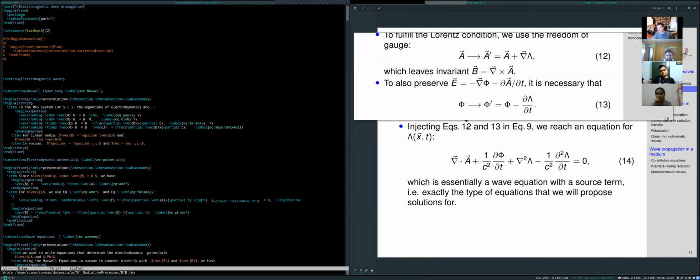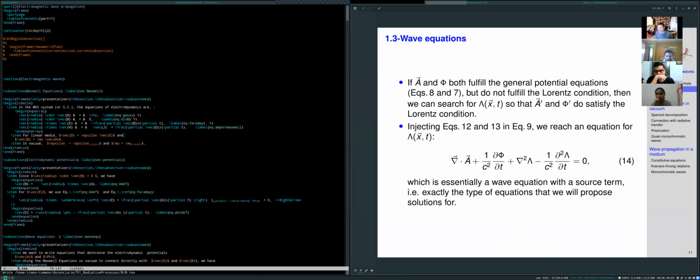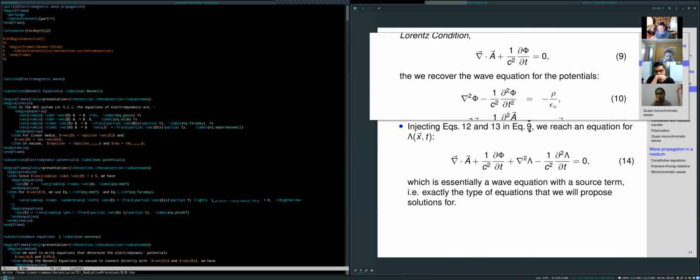So equations 12 and 13 are these freedom of gauge equations. Equation 9 is the Lorentz condition, okay? And suppose I write this equation 9 in terms of the primes: the divergence of A prime plus 1 over c squared, the time derivative of phi prime.